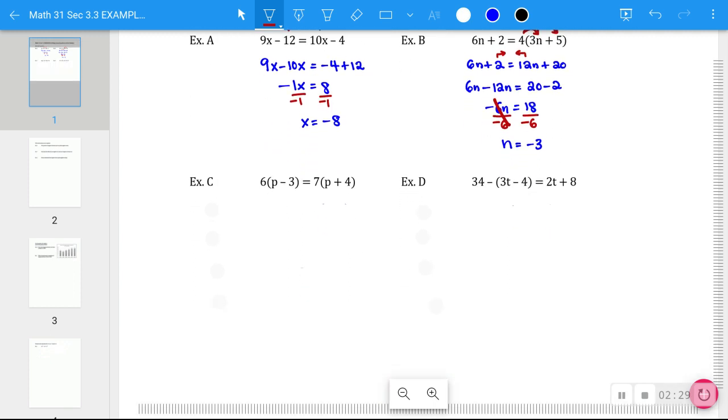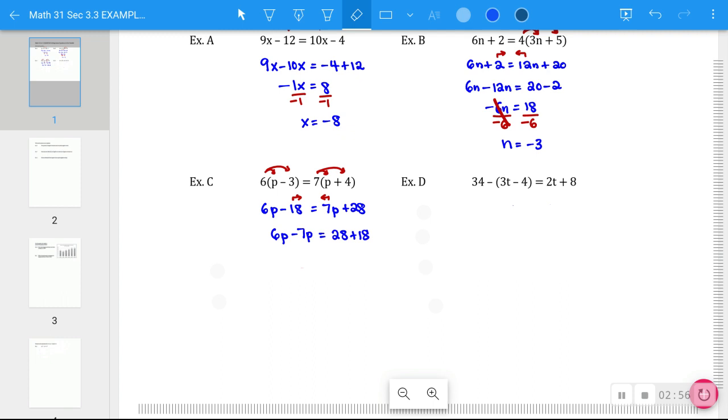Okay, two more examples of this. This example C does have two places where we have to distribute, so that'll be the first step. You can see that I multiplied, for instance, on the right-hand side, 7 times p and then 7 times 4. The next step would be to gather our like terms, so you're going to see me moving stuff from one side of the equation to the other.